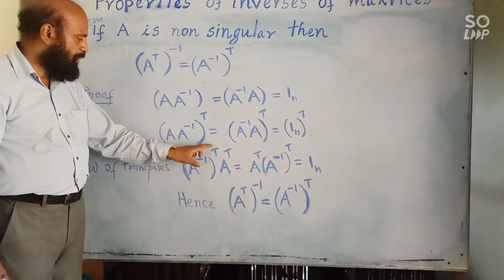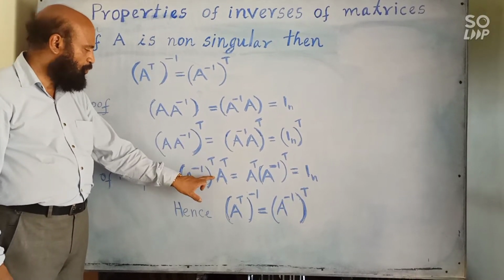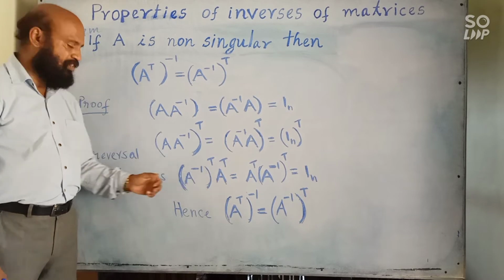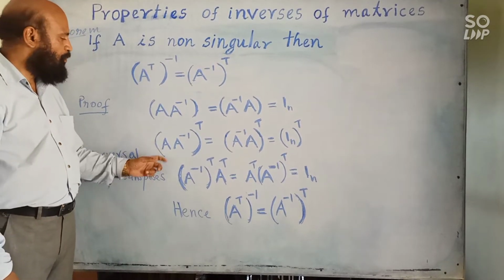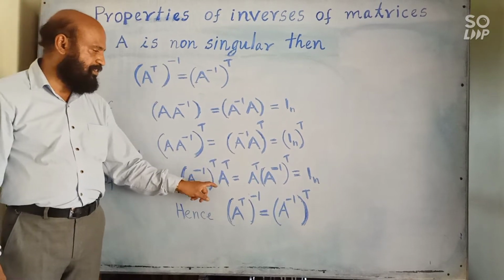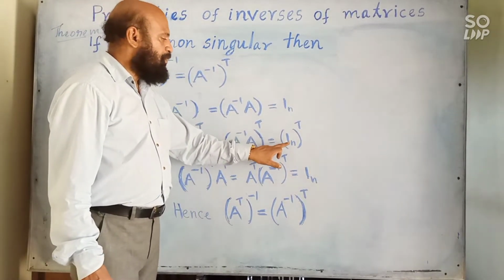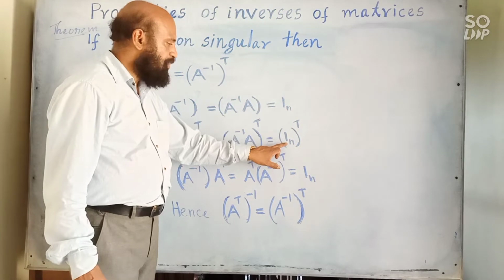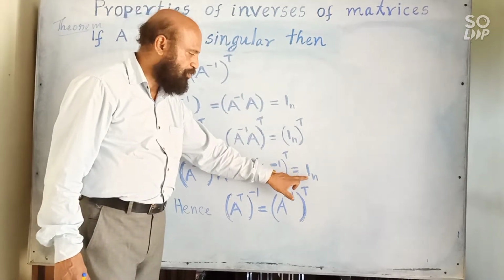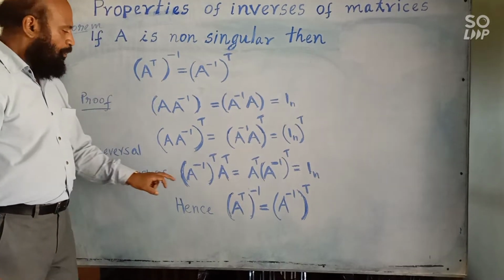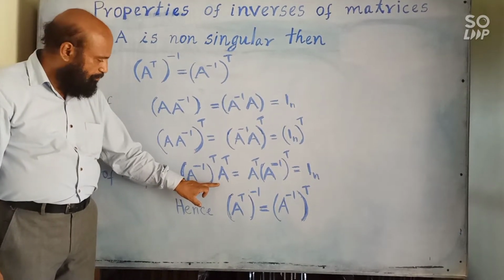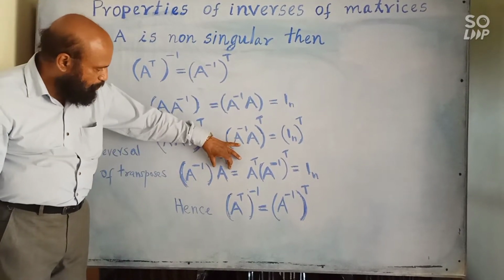So A inverse transpose into A transpose. That is because of the reversal law of transposes. Then when you take the transpose of the identity matrix, there will not be any change. So it will be identity matrix itself. Now from this, we have to use a technique. See, A transpose.